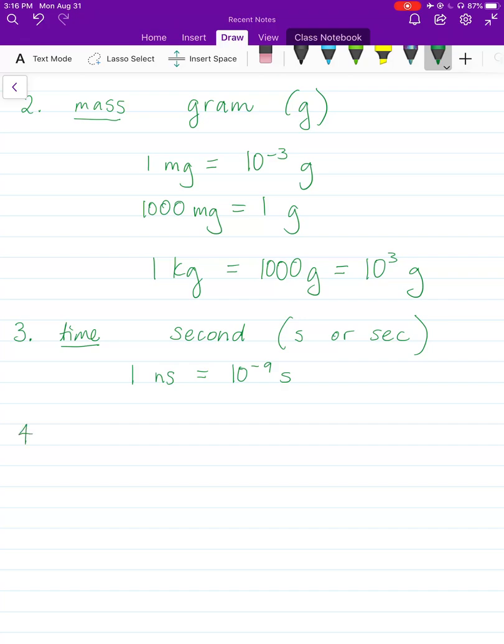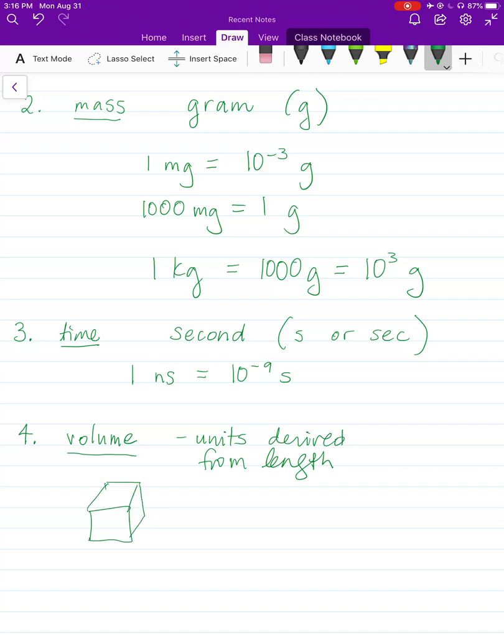A compound kind of measurement is volume. Volume is not a fundamental measurement, but its units are derived from length, as you probably know from your prior schooling. So the classic example is, of course, the cube. So now you can see my horrible drawing of a cube.